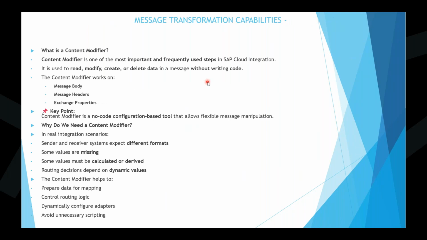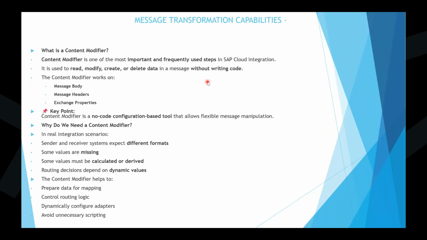So, message transformation capabilities. One of the most important things in integrations is what we are discussing now. One system has one date format, another system has another date format, and using this we can easily achieve it. So now mapping, data transfer capabilities.